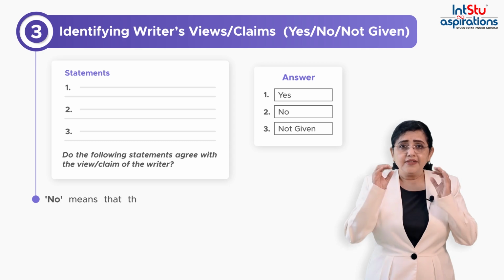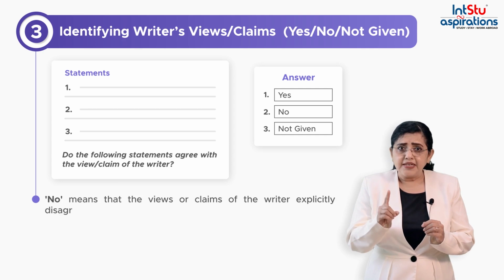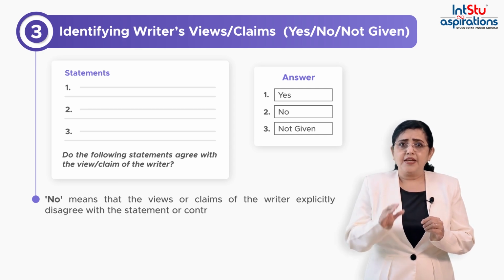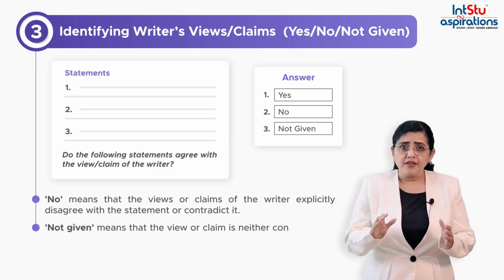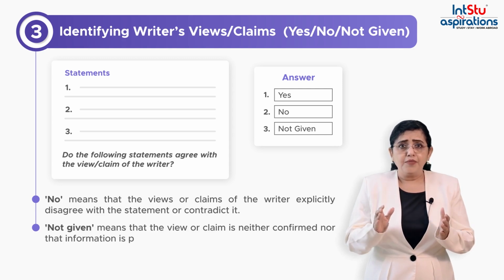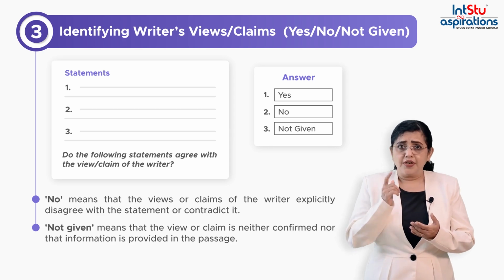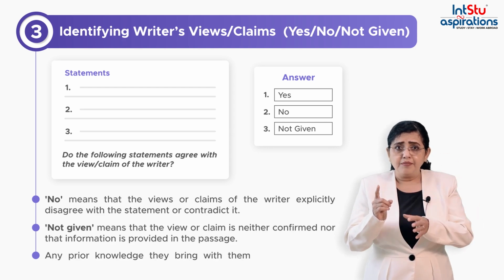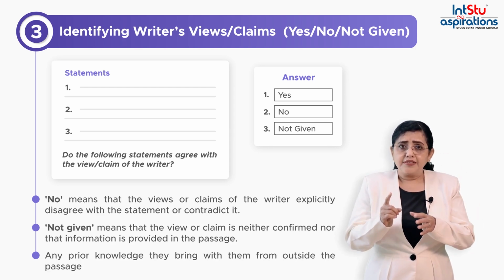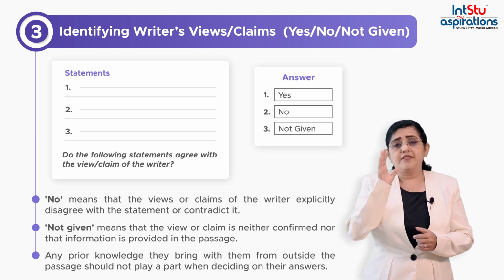No means that the views or claims of the writer explicitly disagree with the statement or contradict it. Not given means that the view or claim is neither confirmed nor is information provided in the passage. Students need to understand that any prior knowledge they bring with them from outside the passage should not play a part when deciding on their answers.